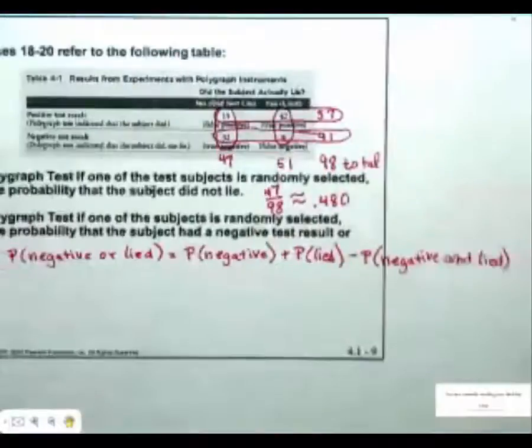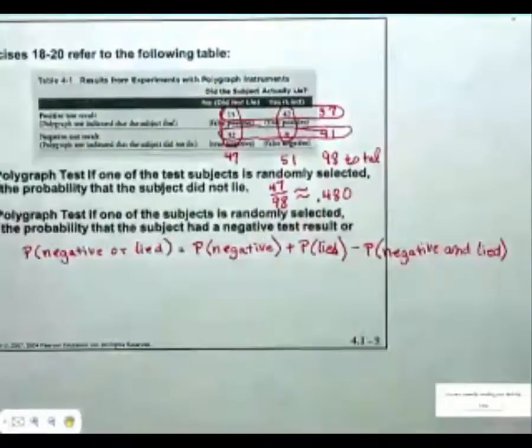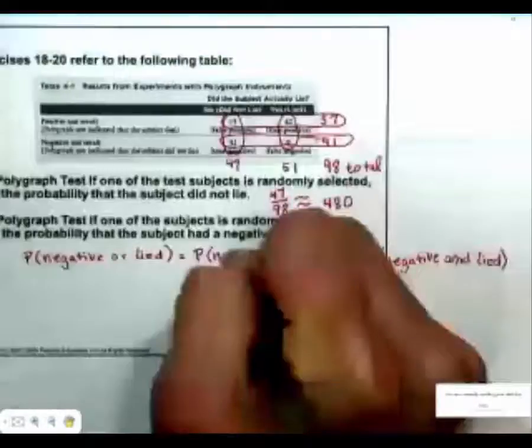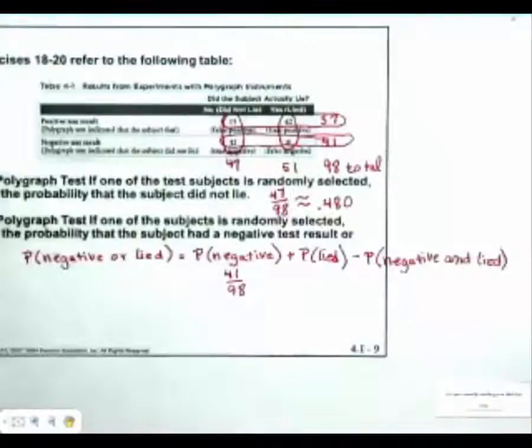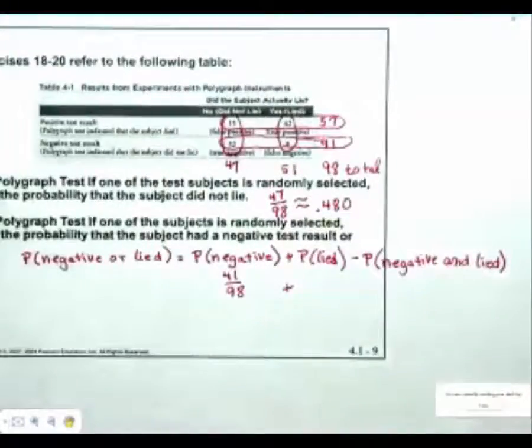All right, how many negatives total? This is the negative row. It's 41. Probability of negative is 41 over 98. What's the probability of randomly picking a liar?